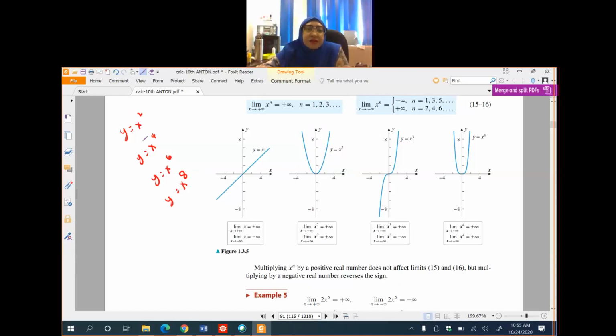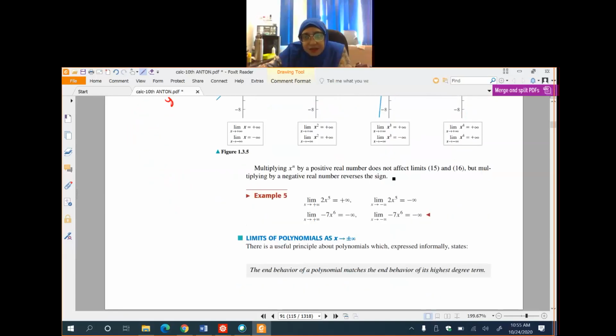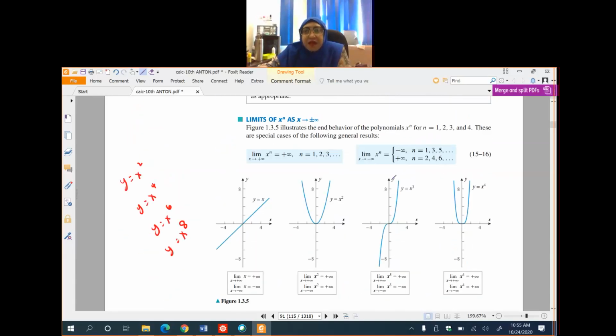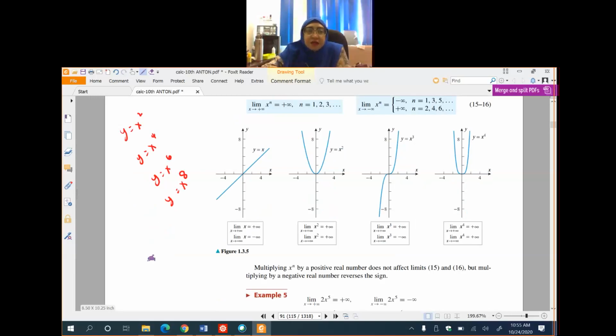so these are one family of similar graphs, and then we also have similar graphs for y equal to x cubed. Okay, y equal to x to the power of 5, y equal to x to the power of 7, and so on.